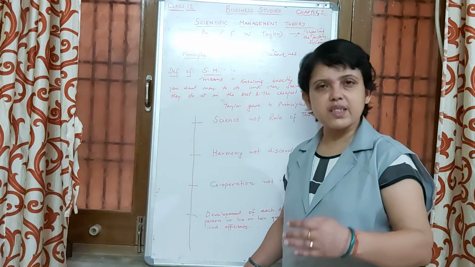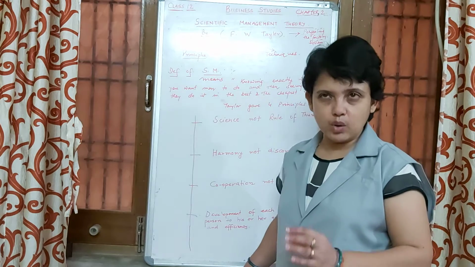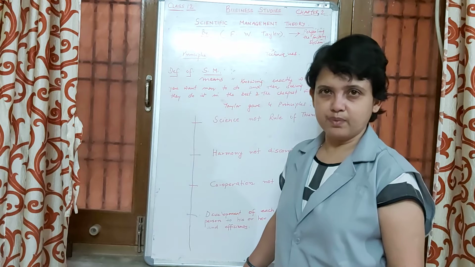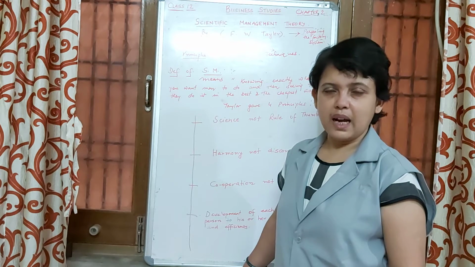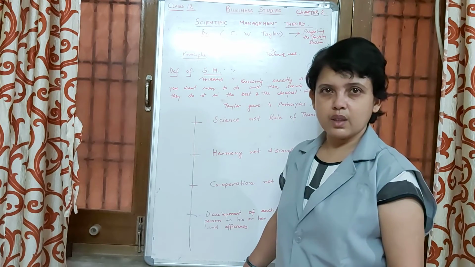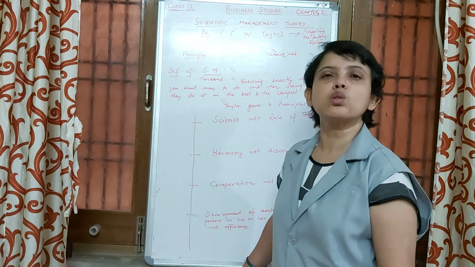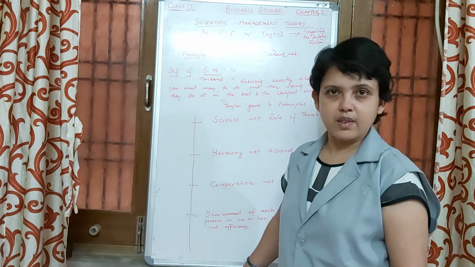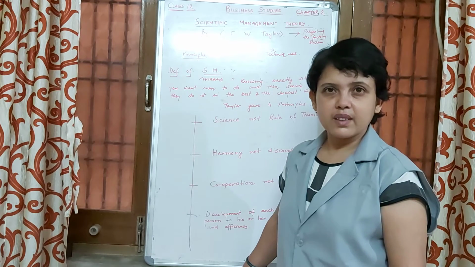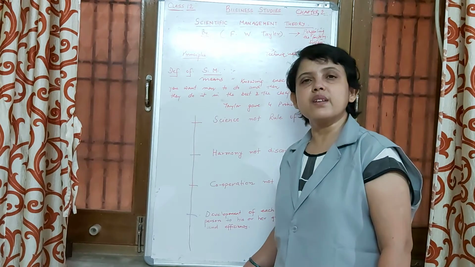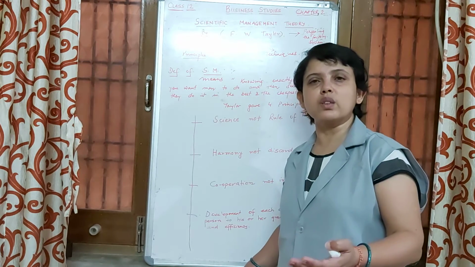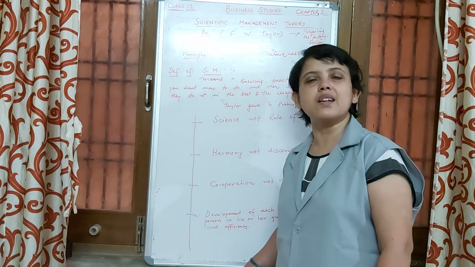And after investigation of the traditional methods, then only the best method could be found out, and that best method for a particular work could be adopted and practiced all throughout the organization, so that once production started in the organization, there was no need to experiment on a trial and error approach.